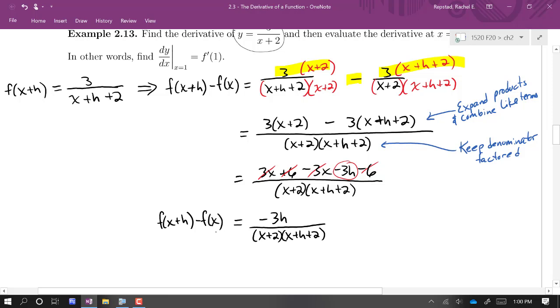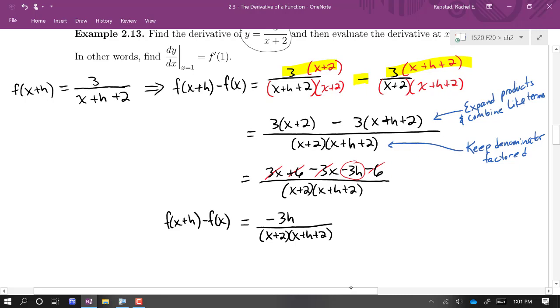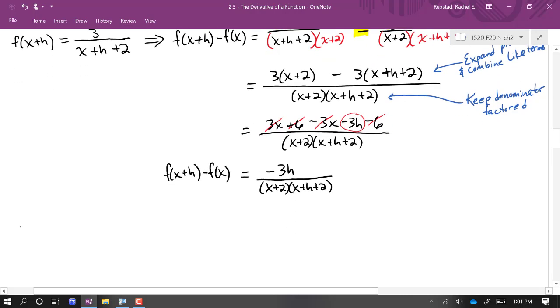Okay, now we've done a bunch of the algebra and we're ready to set up that limit because, of course, when we're finding the derivative of a function using this limit definition that we know, we have to set up the limit. So dy/dx, the derivative, is equal to the limit as h approaches 0 of f of x plus h minus f of x all over h.